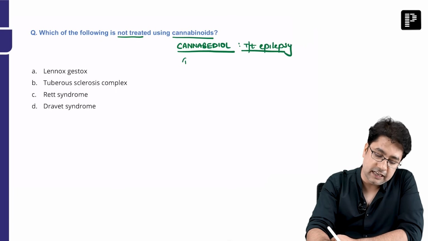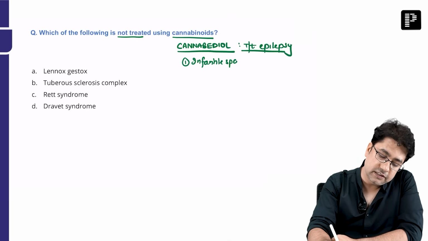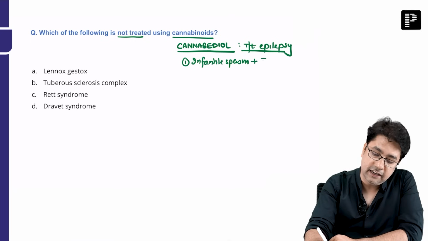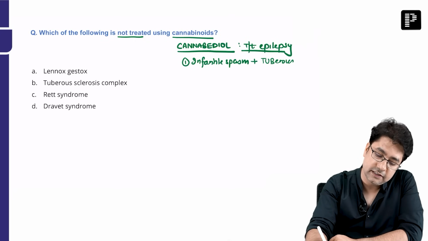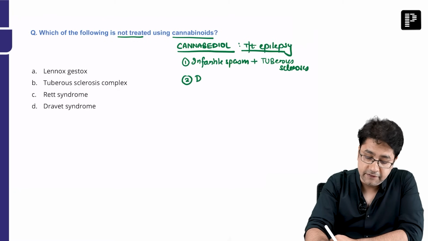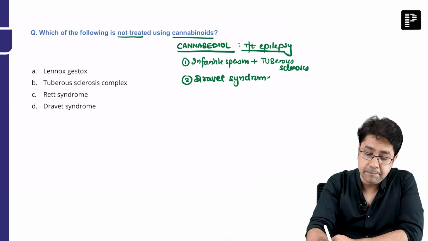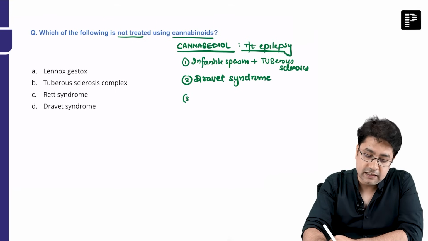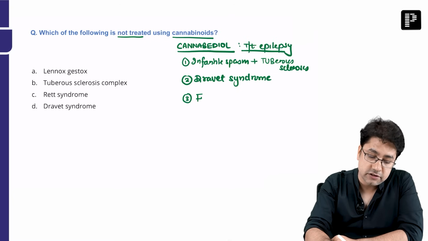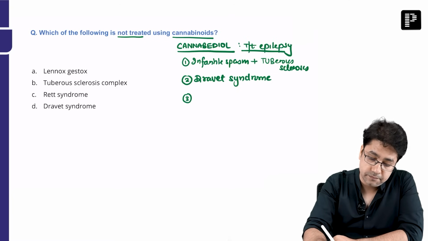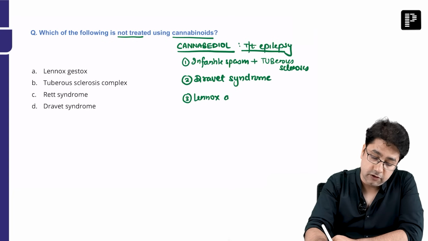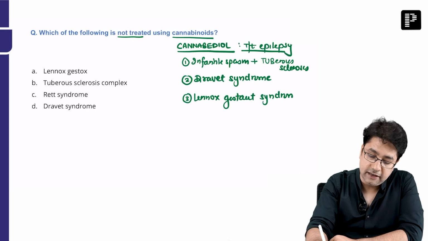The first is infantile spasm, which is associated with a genetic condition known as tuberous sclerosis. It has been approved for Dravet syndrome, also known as myoclonic epilepsy of infancy. And lastly, it has been approved for Lennox-Gastaut syndrome. So these are the 3 areas where this cannabinoid has been approved.